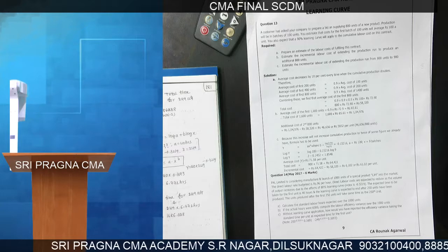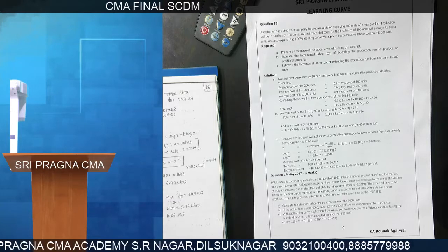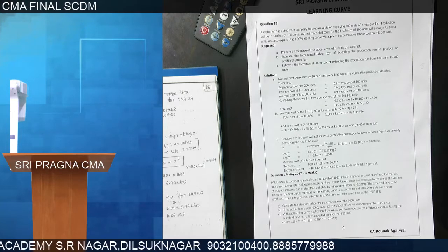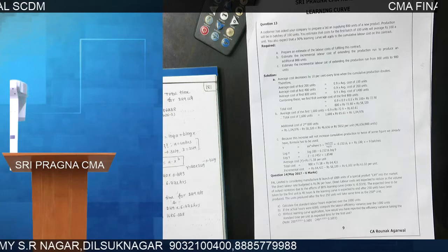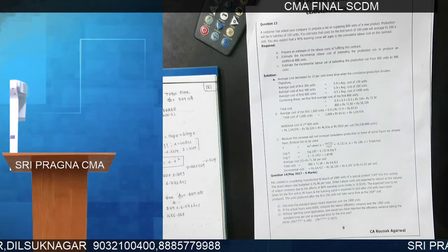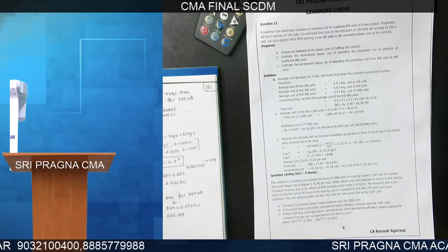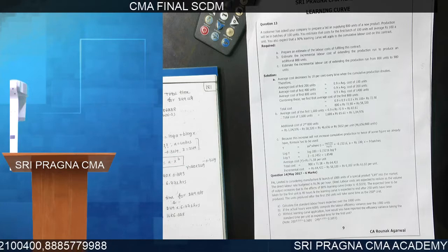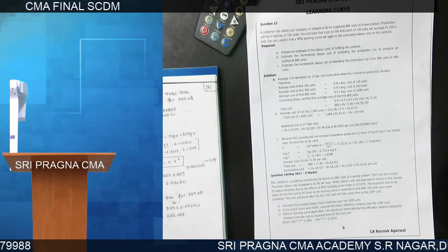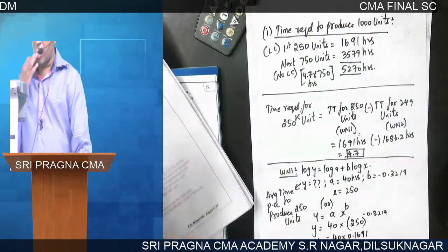730. How much money am I paying per hour? Into 96, that is 70,000. So the cost has increased, right? That is called labor efficiency variance. Welcome to standard costing. That is called labor efficiency variance: SH minus AH into SR. You have this in the final also. SH minus AH into SR. Part of the second bit once again: if the actual hours were 6000, compute the labor efficiency variance for 1000 units.